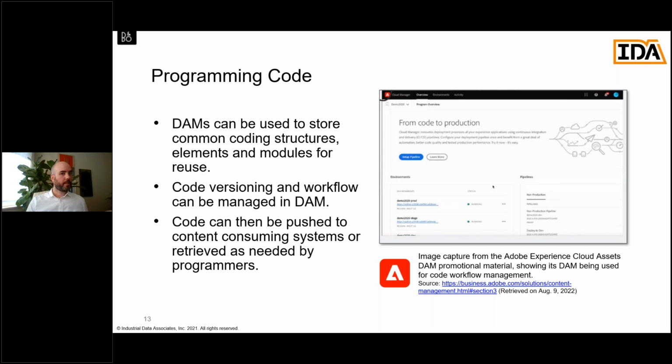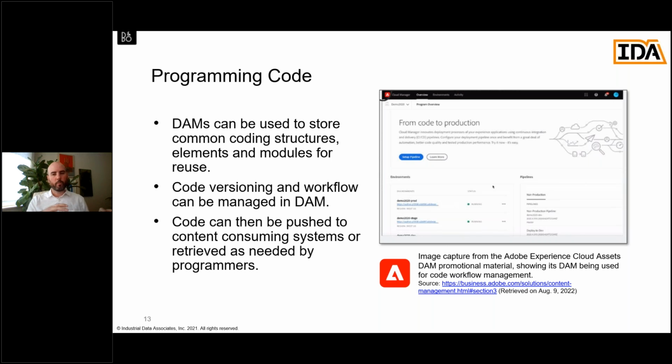Okay, so I mentioned programming code can be another important asset that's stored in DAM. Code, we think of it as text or sort of written content, and DAM has some important functionalities that make using code really, really useful as an asset in DAM.